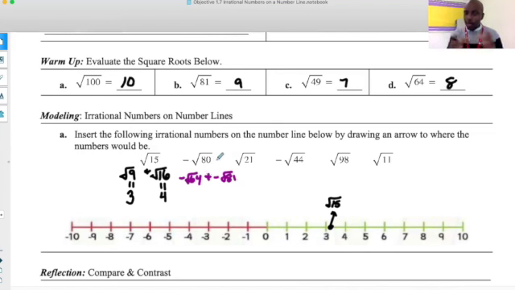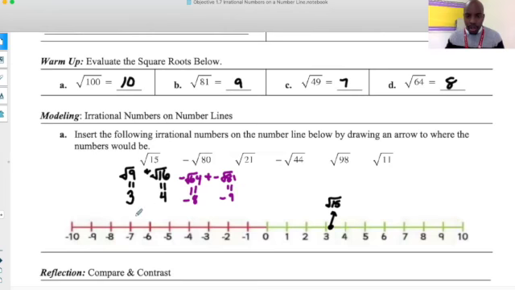That's just saying that's between those two numbers. So what is the negative square root of 64? This is really negative 8. This is really negative 9. So that means the negative square root of 80 has to be between negative 8 and negative 9.